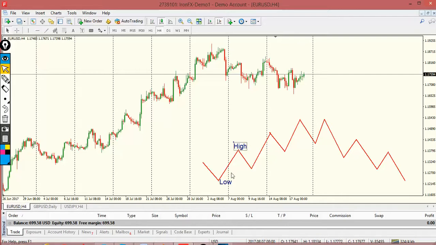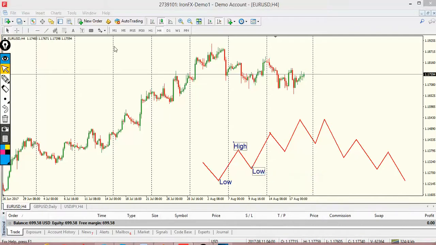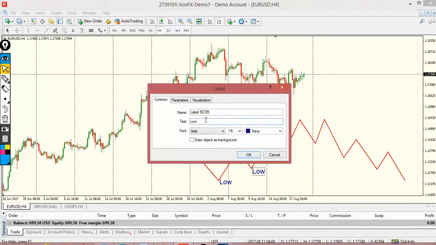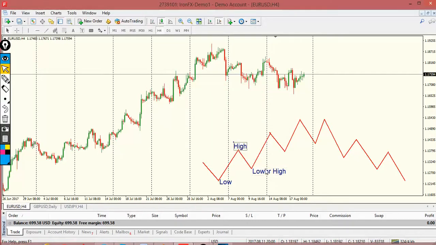Then we have what we call a lower high. And this one will be a higher high.